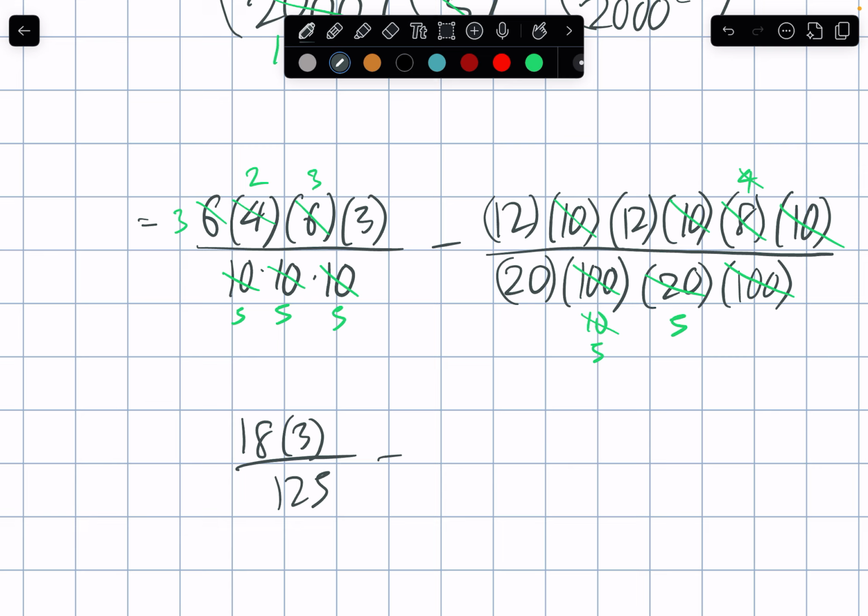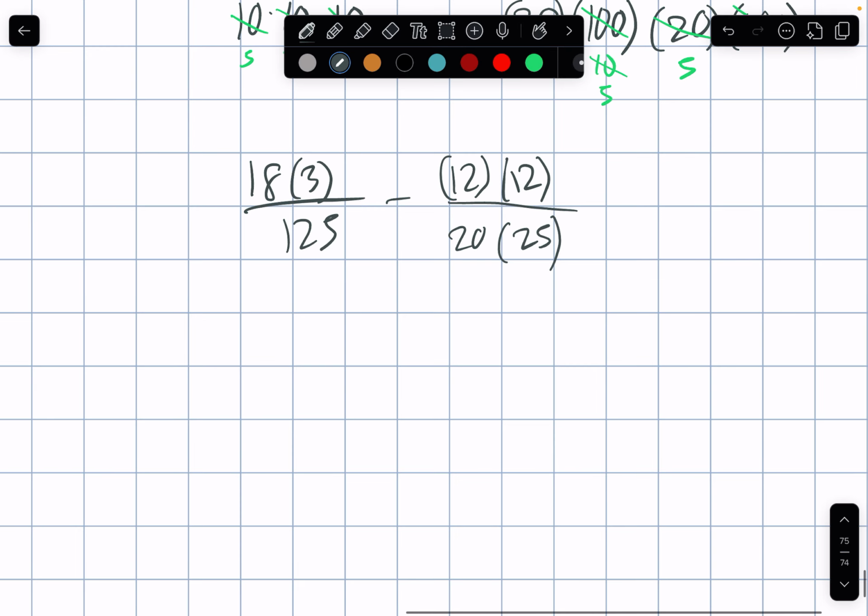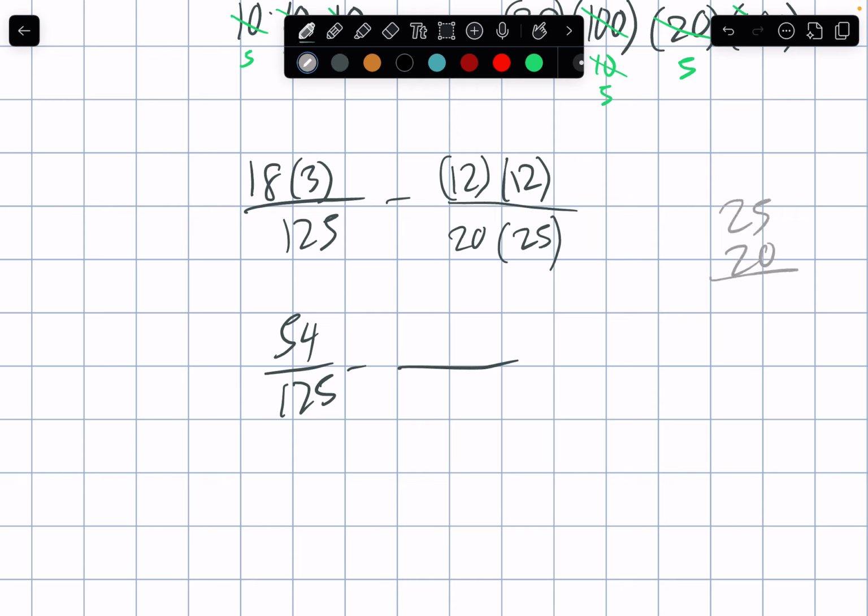That's it. 12 times 12 over 20 times 25. So 54 over 125 minus, what's 20 times 25? 500. Wow. We can find an LCD easily.